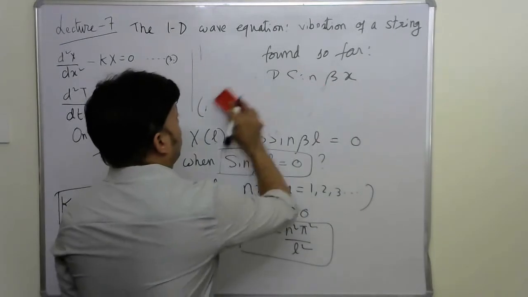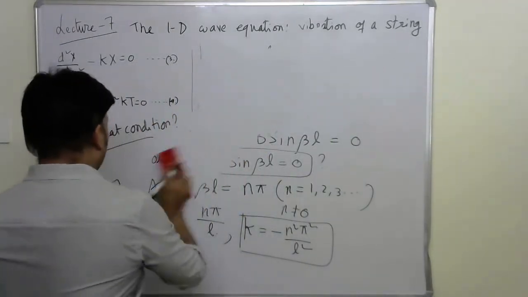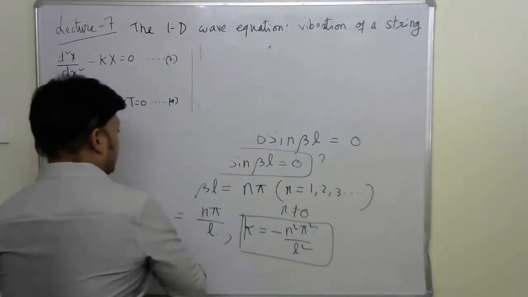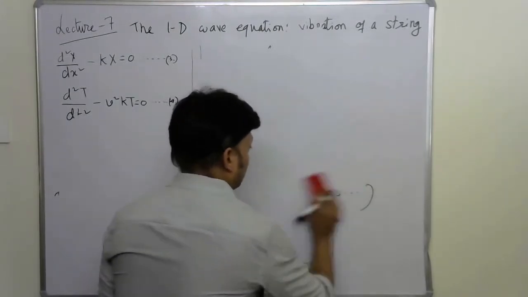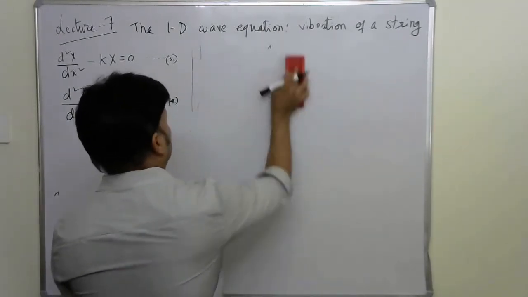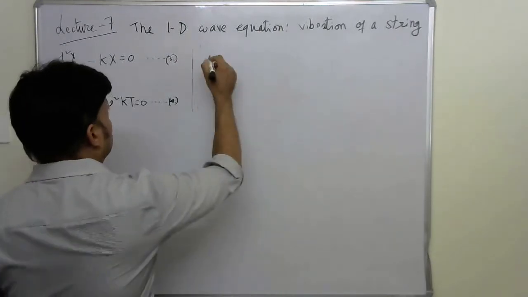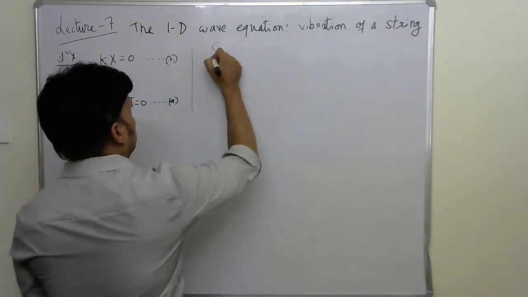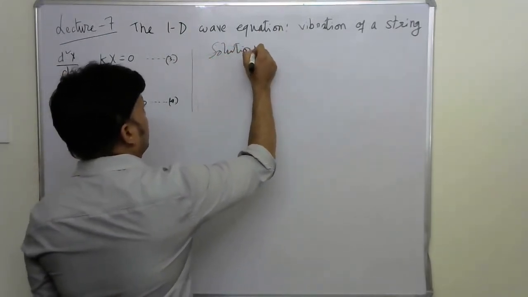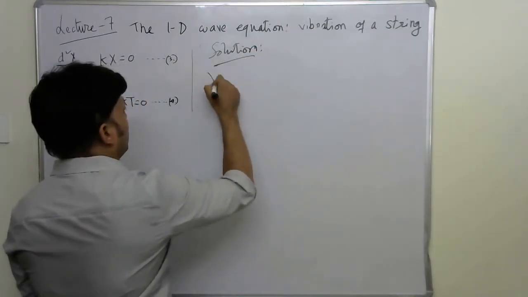Alright? So now let's come back to our complete solution. So our final and complete solution becomes something like that. That is the solution for the x part.